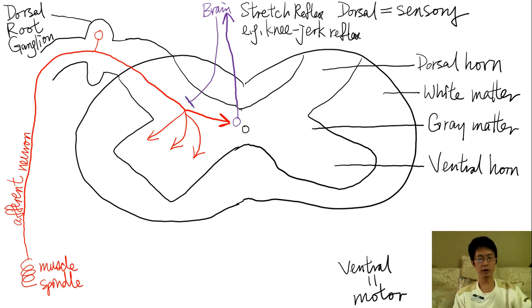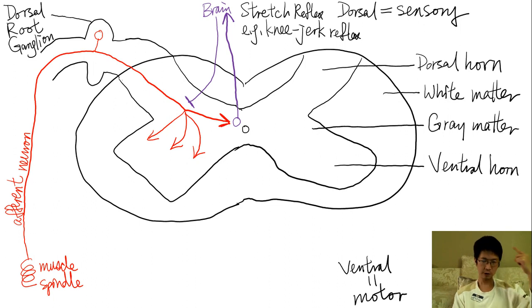Theoretically, the inhibitory synapse should be formed at the synapse, but since I try not to cross it, I'm just saying that you inhibit everything. In other words, it goes to the brain, which means that you're aware of what happened. You can perceive what happened. So it forms the perception.